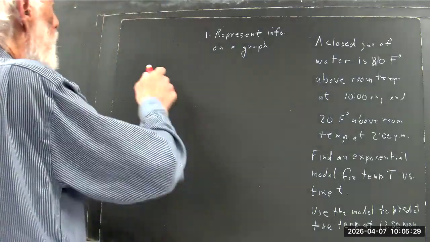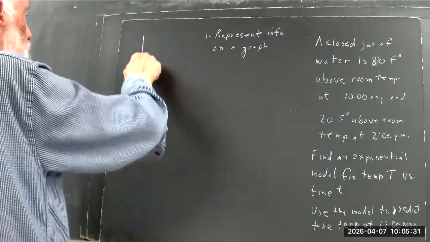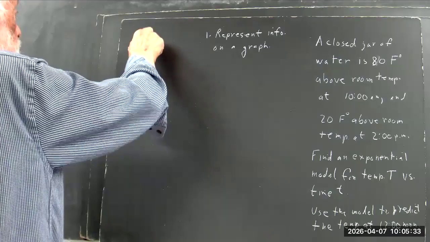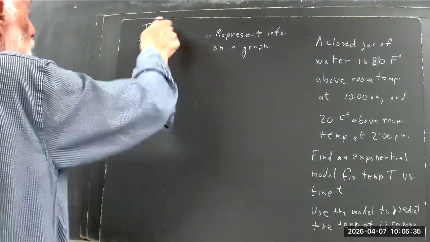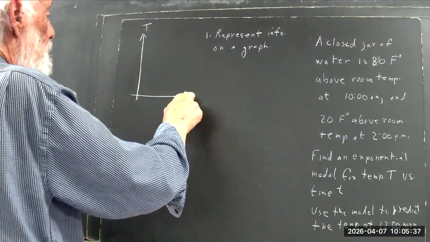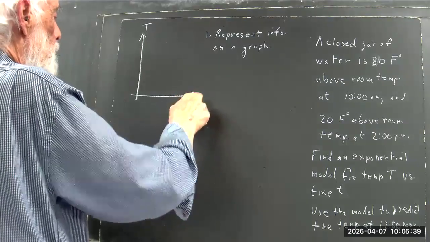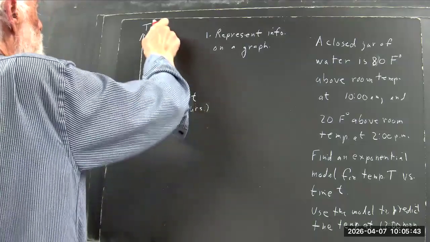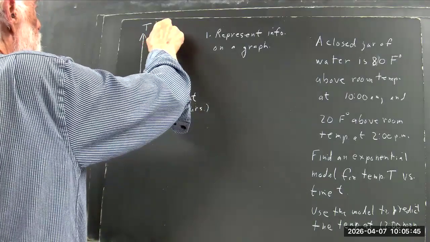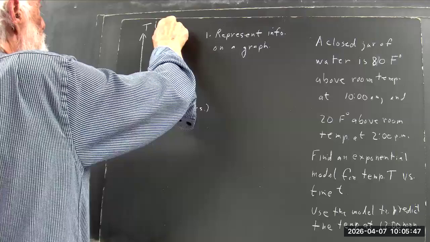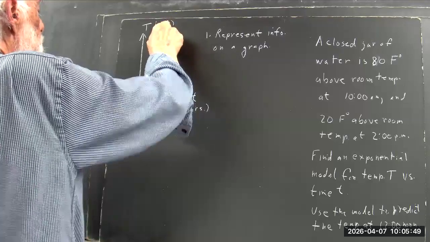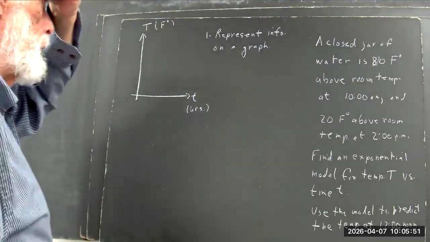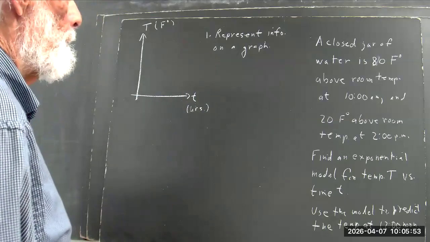So I'm going to go ahead and sketch a graph here. Capital T for temperature, little t for time. Times in hours, temperature in Fahrenheit degrees. We have 2 points on this graph.